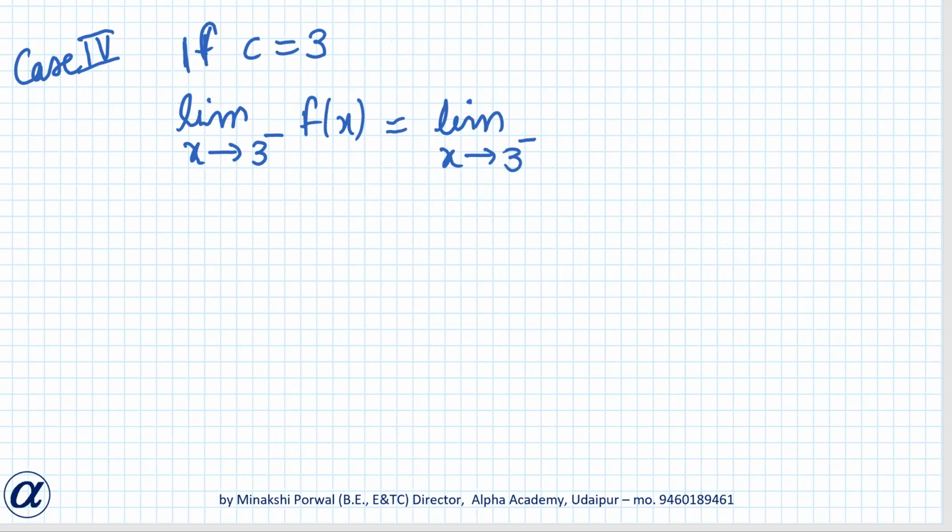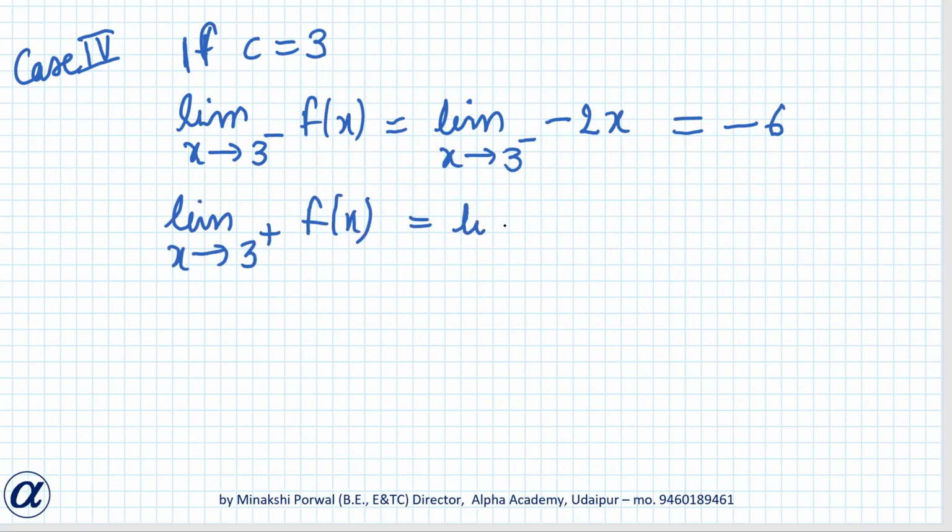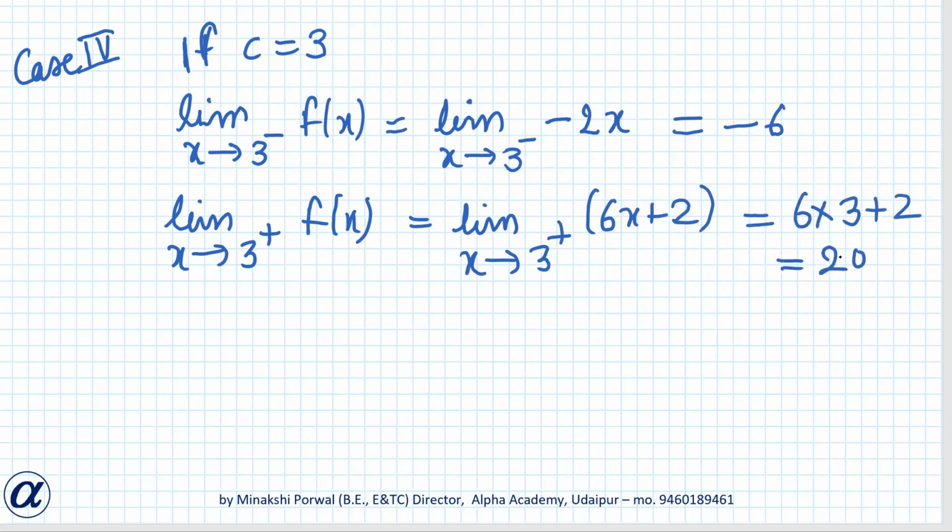So it is minus 2x, and when we substitute it, it comes to minus 6. Then the limit as x tends to 3 plus of f(x) equals the limit of 6x plus 2, which is 6 into 3 plus 2, that is equal to 20.